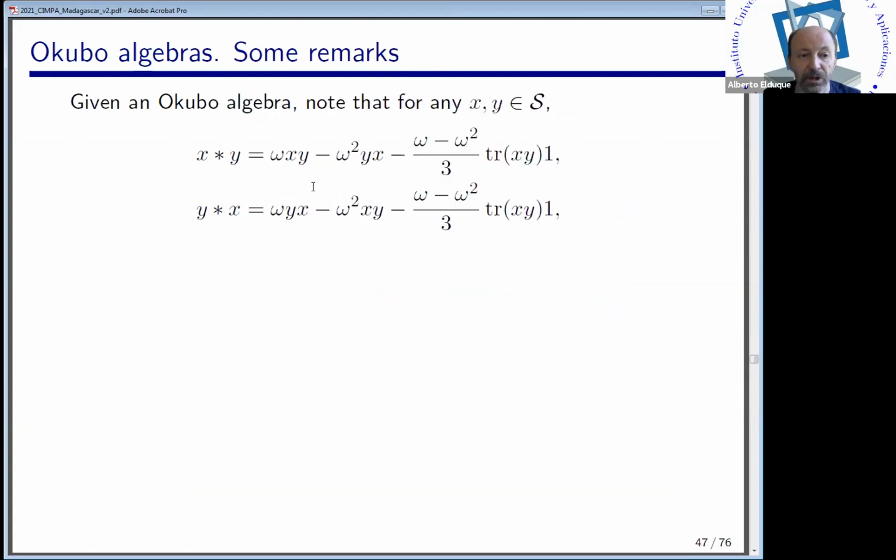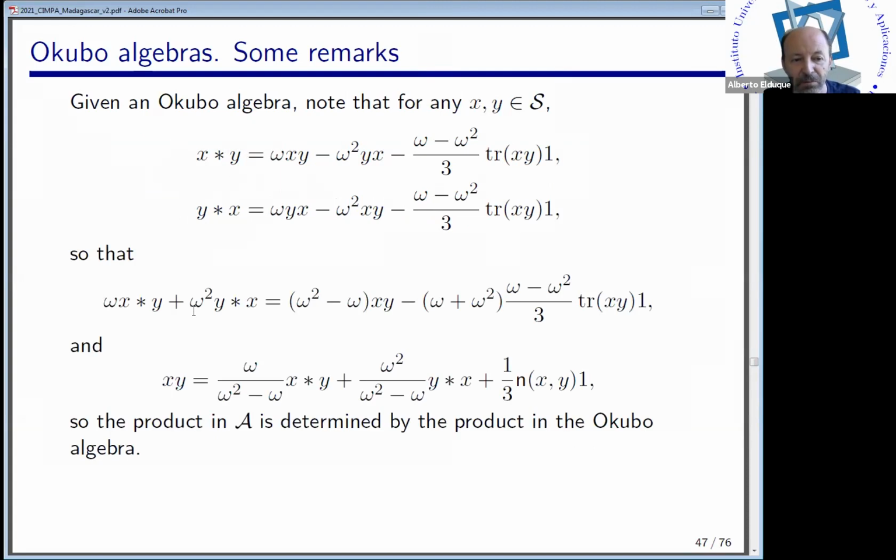Okay, so one interesting thing is that given one of these Okubo algebras constructed in terms of matrices or more general central simple associative algebras of degree 3, we can recover from the product in the Okubo algebra, from the star product, if you take two elements and multiply x times y and y times x, and play a little bit with a suitable linear combination of it, it turns out that we can recover the matrix product in terms of the Okubo product.